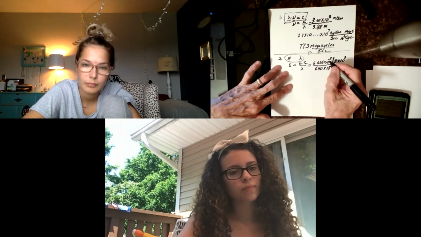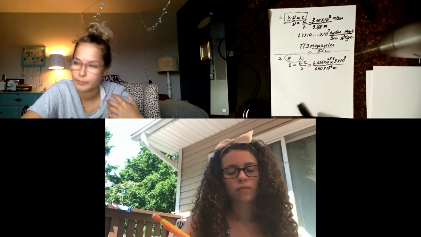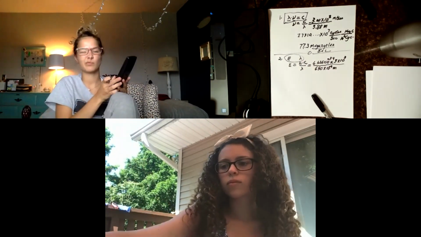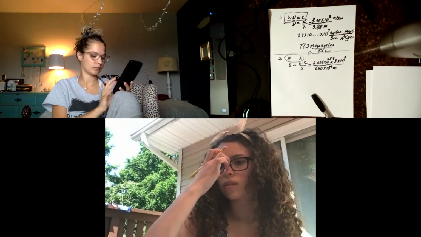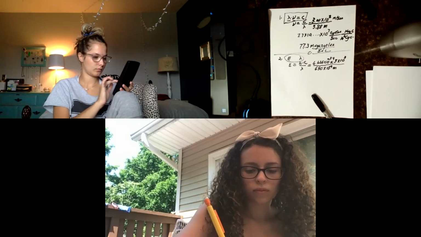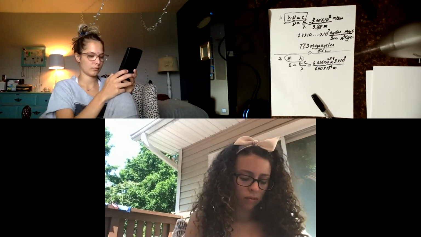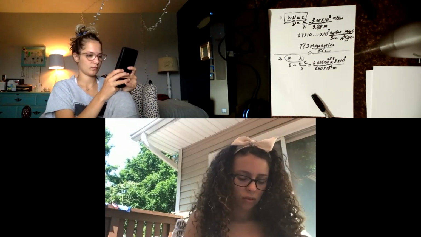Okay, and this is 10 to the negative 34. My negative sign didn't come out real good. Okay, so let's do our math. We've got 6.626 with an exponent of negative 34 times 3 with an exponent of 8 divided by 650 with an exponent of minus 9.